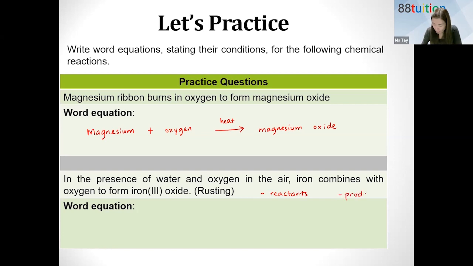And then there is one product, tell me what's the product. Type into the chat to let me know. In order to identify reactants, it is actually the things that combine together, the things that react together to form something new. So can you type in the chat? See whether you can identify the reactants and the products.